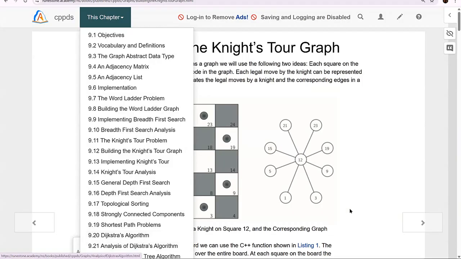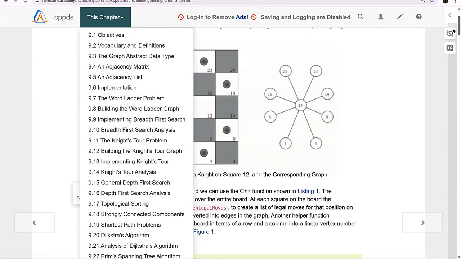You go into Prim's algorithm for the minimum spanning tree, and Kruskal's algorithm for the minimum spanning tree. Then you go into the topological sorting algorithm, and the strongly connected component algorithm using the Kosaraju algorithm.